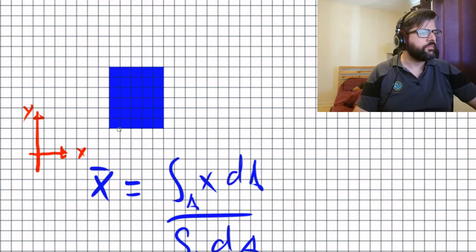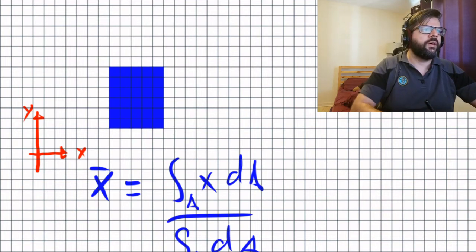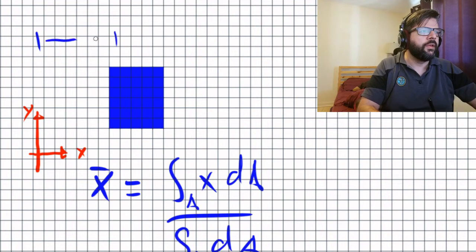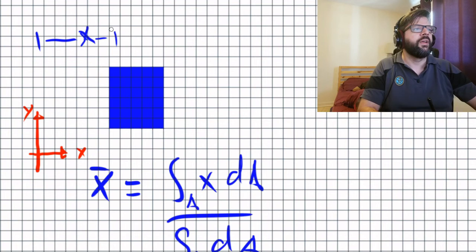Multiply those together. The reason this will sometimes get called the first moment of area is that for each of these individual little blocks, we're basically taking a moment about the y-axis, where the moment being taken is that displacement crossed with a vector going into the page representing the area itself.